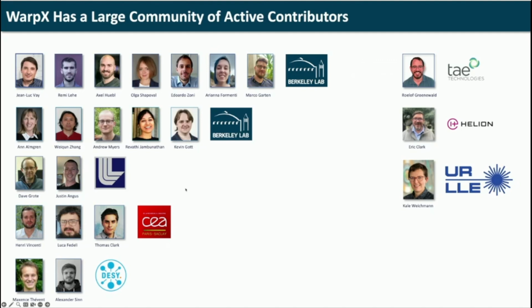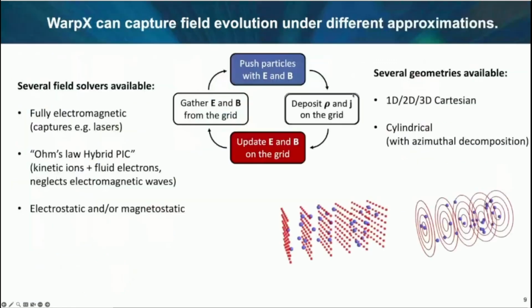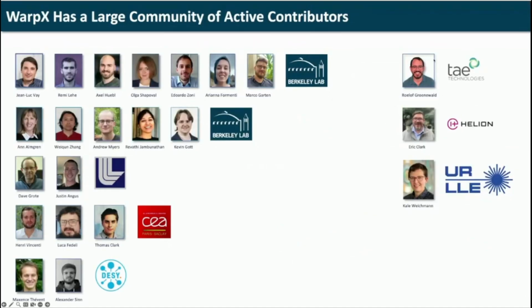But we also have other developers at Livermore National Lab, at CEA in France, DESY in Germany, as well as contributors from some of the private companies, TAE and Helion, who also contribute to the development of the open source code. And then also Rochester, Kale Weichman is also contributing.